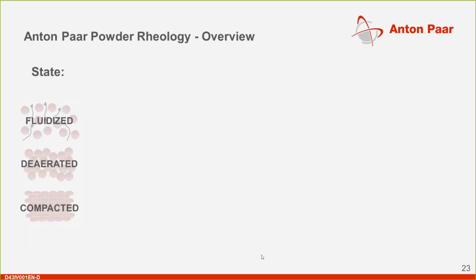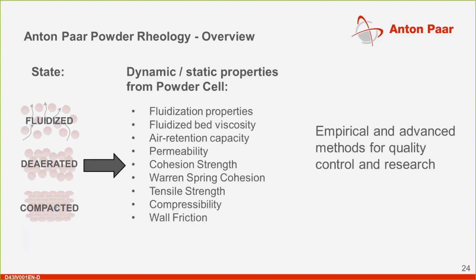In the powder cell, there are basically three states of powders that we can look at. So we can go from fluidized to deaerated to very compacted samples, which allows the analysis of quite a far range of different dynamic and static properties. So in these different states, we can look at different fluidization properties.